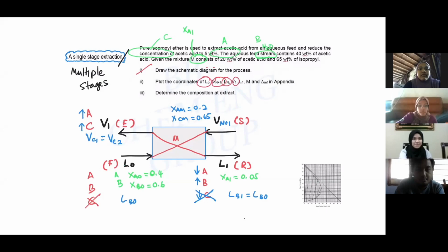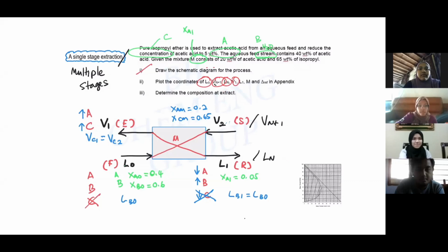Here we should label it V2 so we don't get confused. If it's multiple stages, we label it Vn plus 1, and here we label it Ln. Since the question gives the symbol as Vn plus 1, you use Vn plus 1 and Ln because the symbols are given already. Don't go against the question.